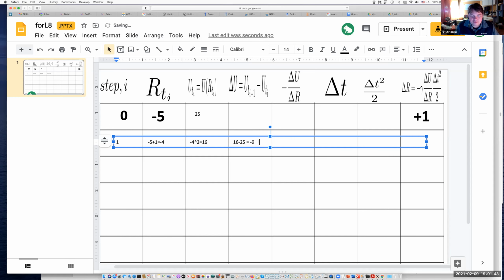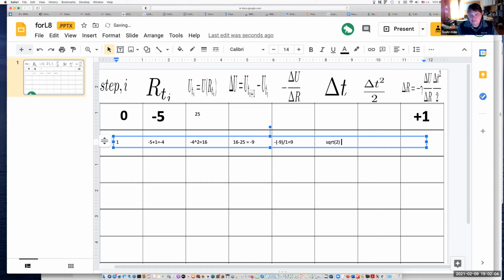Thank you, Kia. Now I compute minus 9 divided by 1. 9. Yes, will be 9. Now we agree that our delta t is square root of 2.